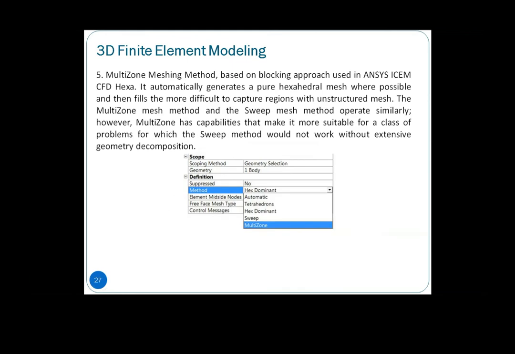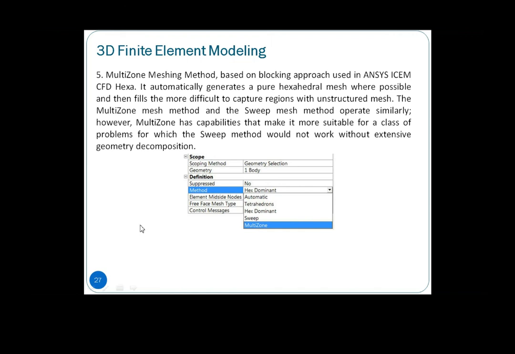Next is multi-zone. Okay, it's also similar to sweep, but multi-zone is more flexible, whereas with sweep the body has to be sweepable. With multi-zone, even if it's not sweepable, if you discretize the mesh it will mostly use a hex type, if possible.